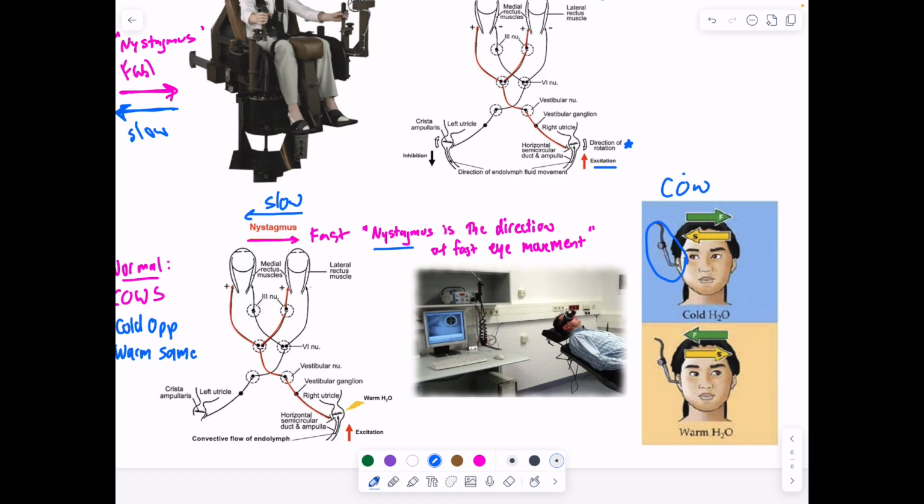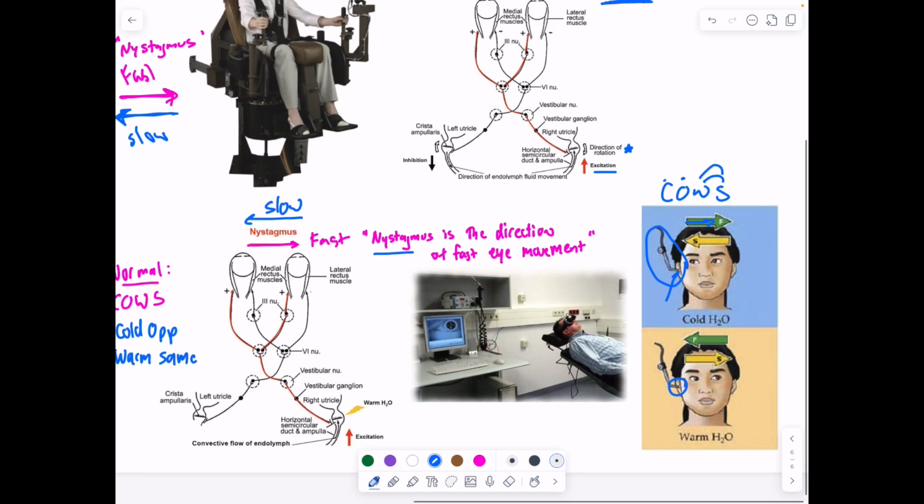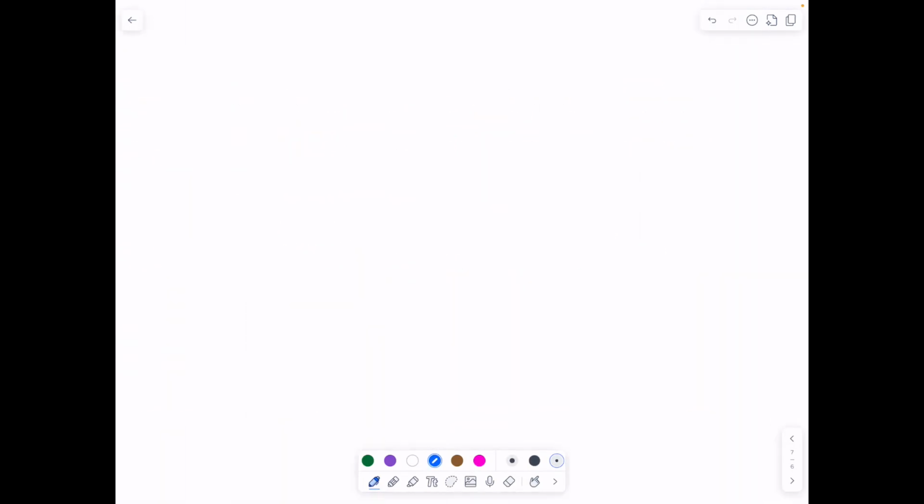So you put your cold water in here, and cold opposite, you get fast movement away, nystagmus away. You put warm water in, warm same, you get rapid eye movement towards the ear that you put the warm water in. Okay, that was super long, but that's it.